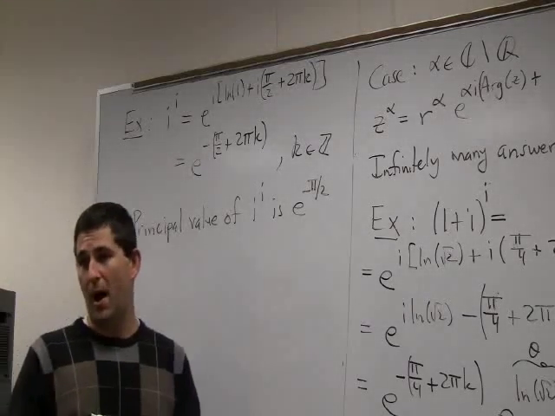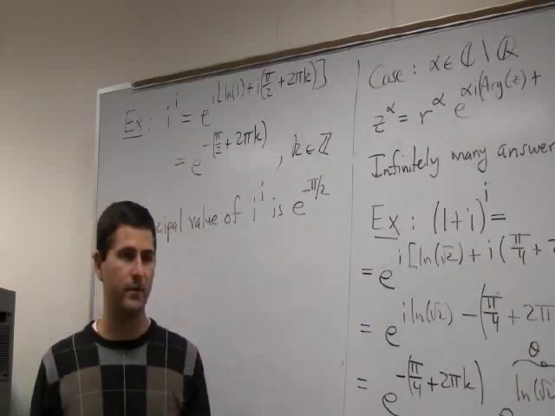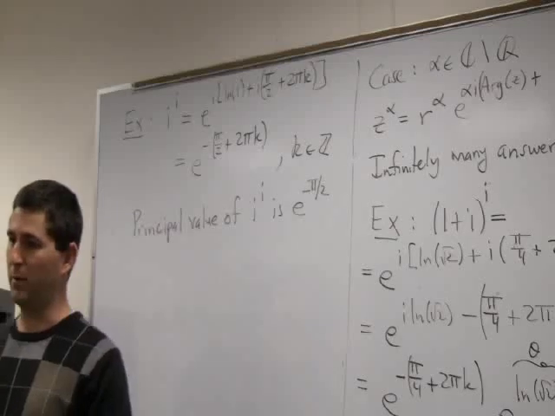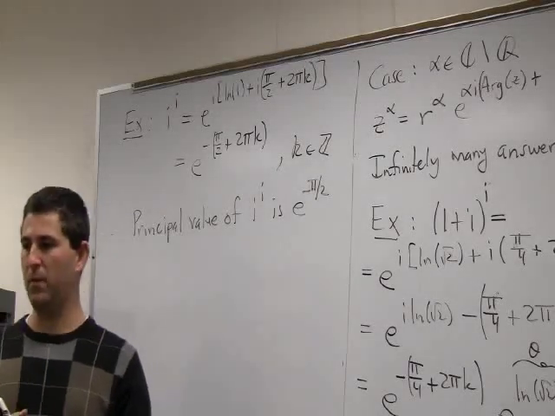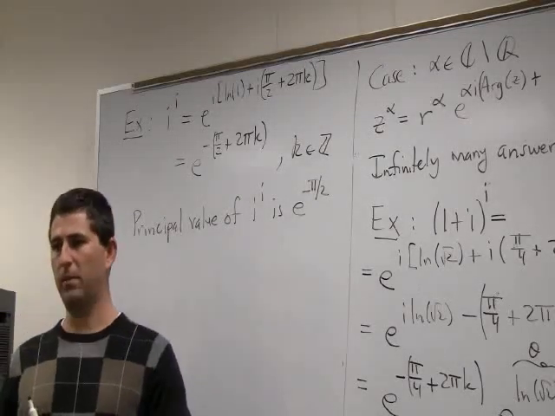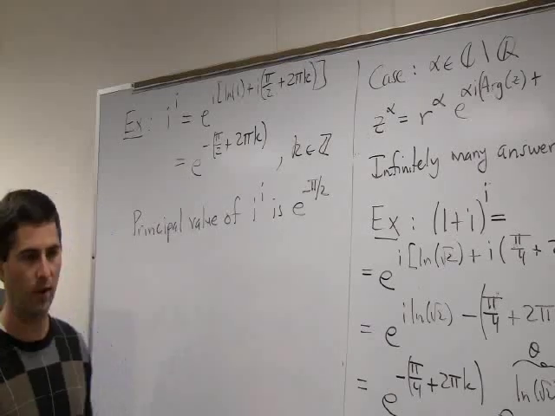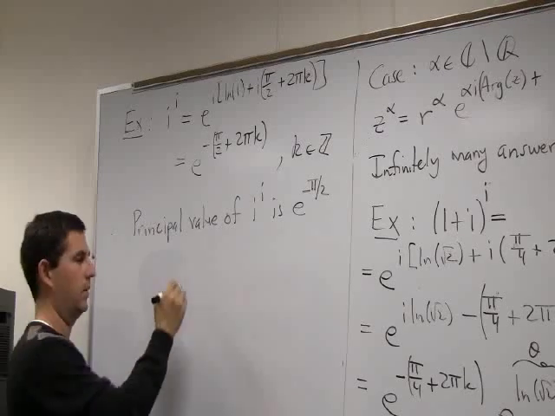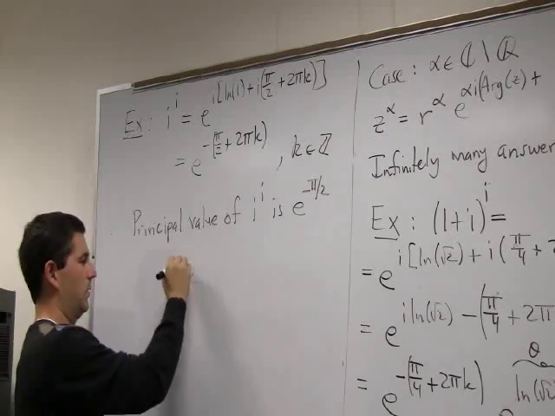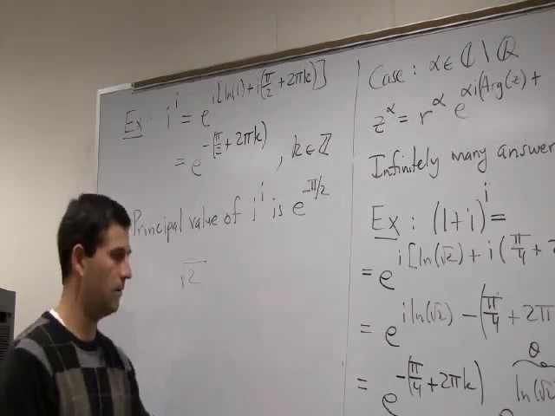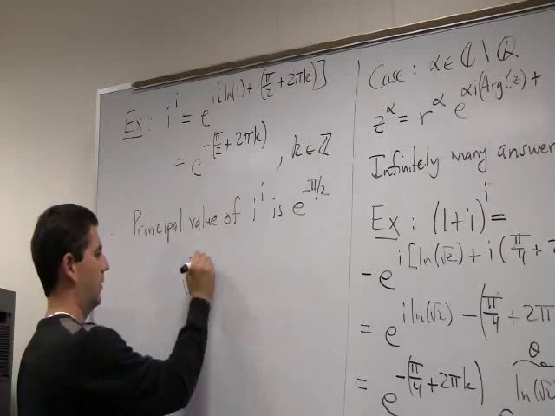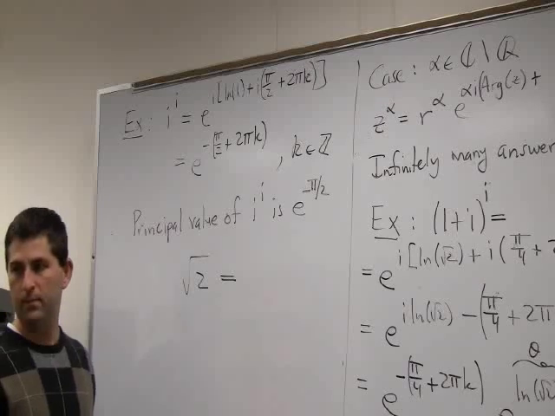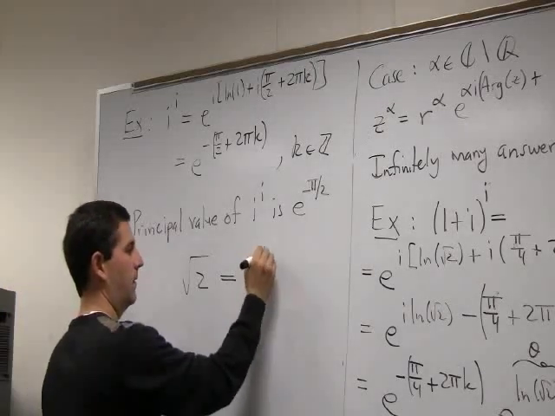So this is also the ith root of e to the minus pi over 2. It's a corollary of this. What does it mean, the ith root? Well, how do you do the second root of something? If I want to write the second root of 2, I can write this radical. But how do I write this without funny symbols? 2 to the 1/2.